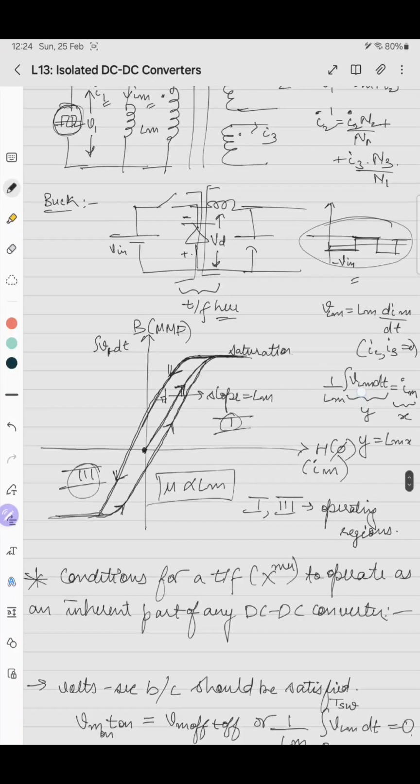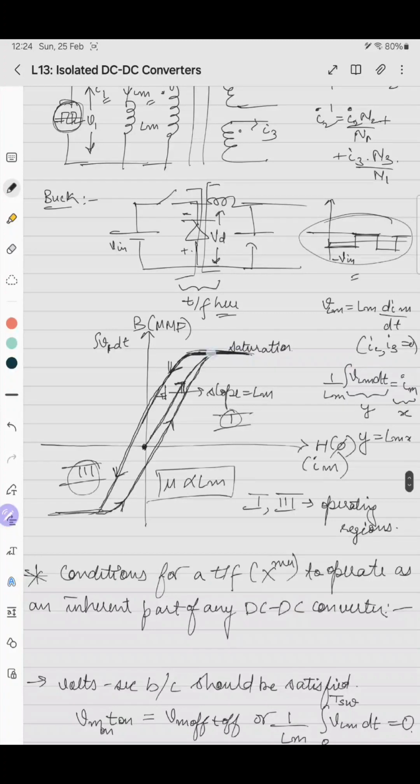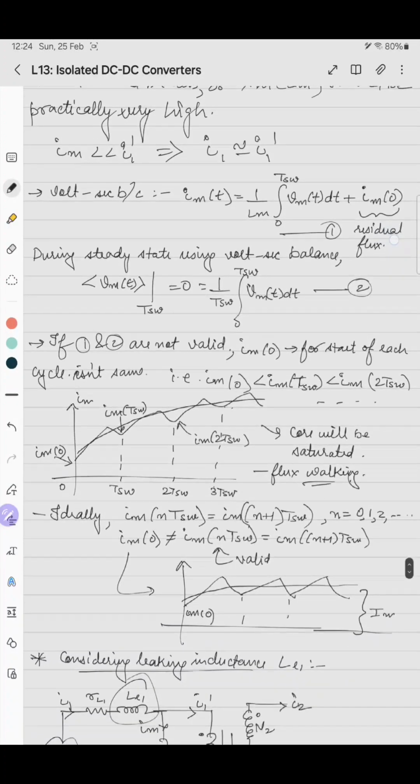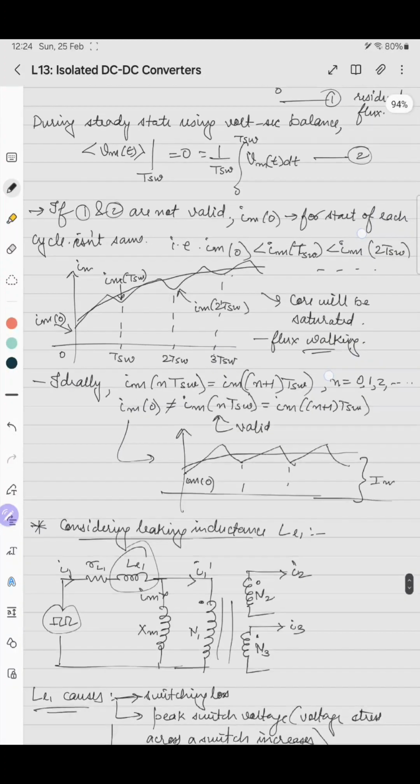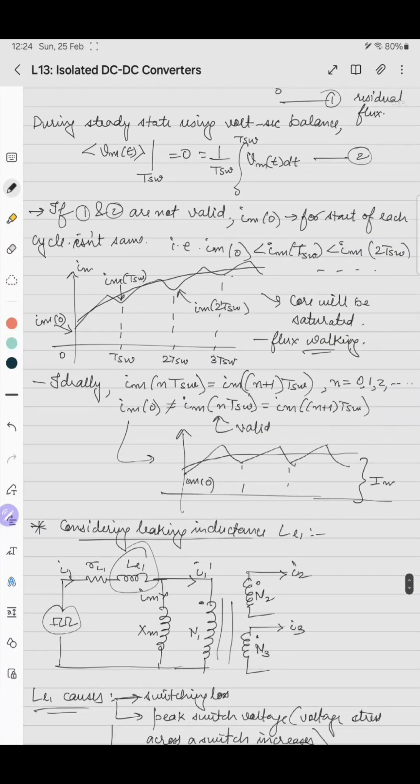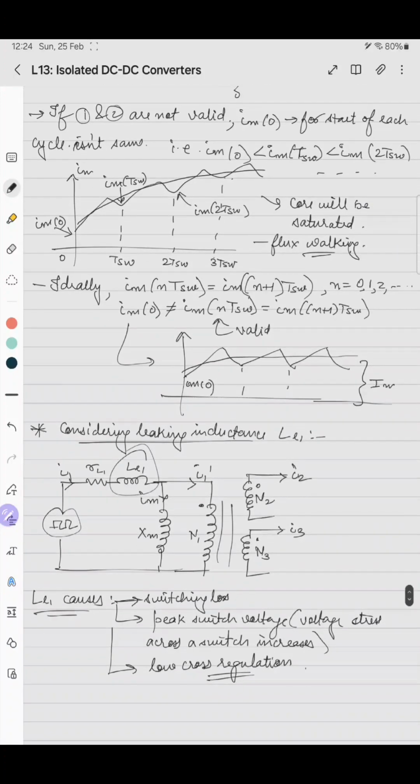Whatever you increase H or whatever IM you increase, the B will remain constant. That is, the core material is saturated. So to avoid that, the value of IM at the end of every switching cycle, ignoring the initial IM, should be the same. That means the average value of IM should be constant.